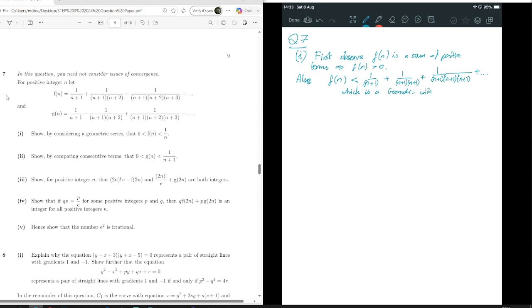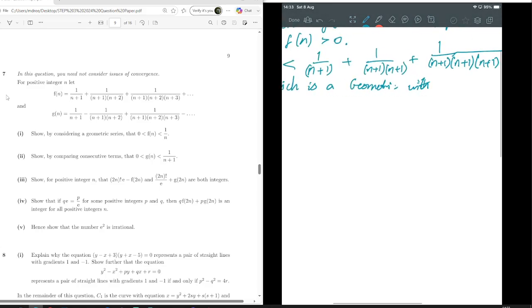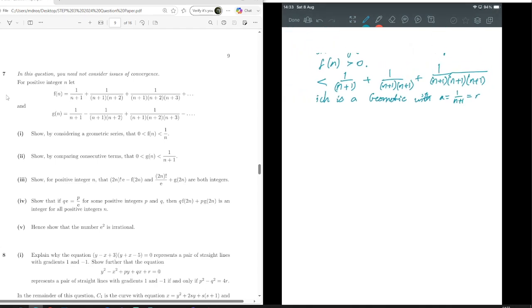So therefore this sum is bigger than what we originally started with, but this thing is a geometric series with, apologies, the pen isn't doing what it's supposed to do, with a is 1 over n plus 1, which is also r, and we're doing the infinite sum, which is going to therefore mean that Fn is less than a over 1 minus r for the infinite sum of that series.